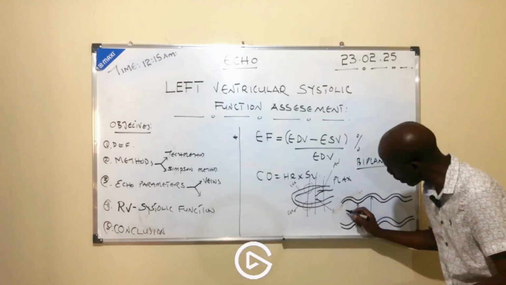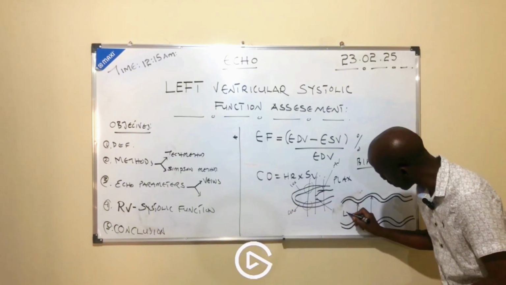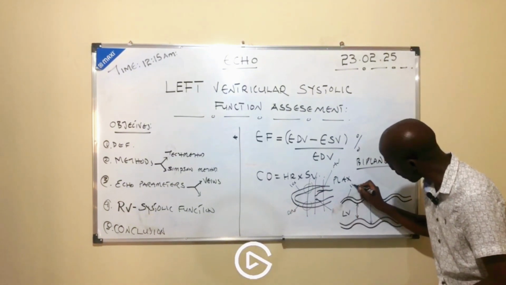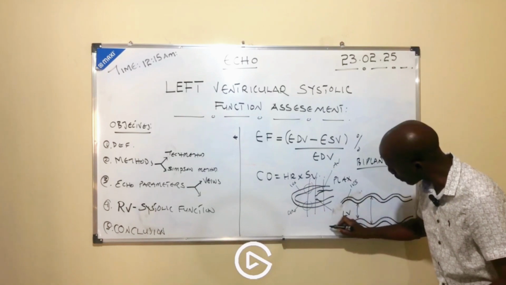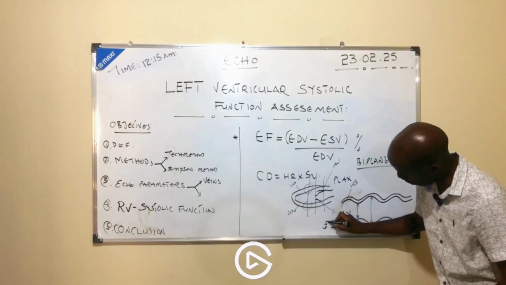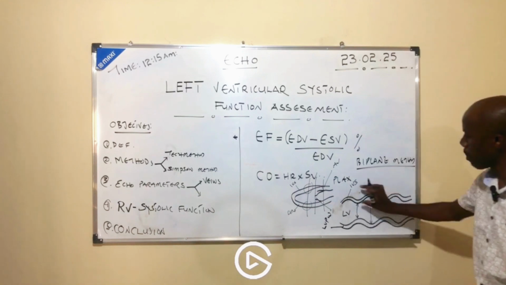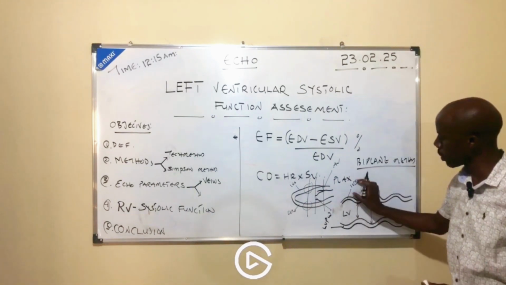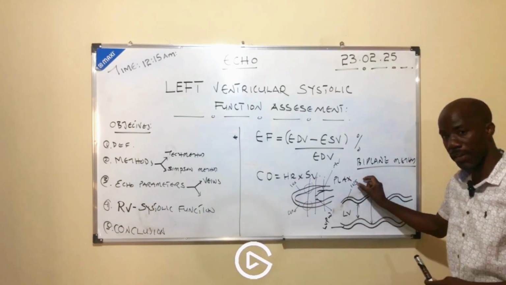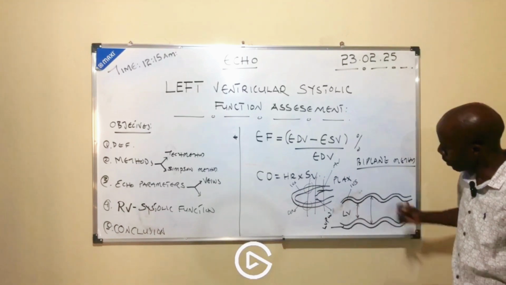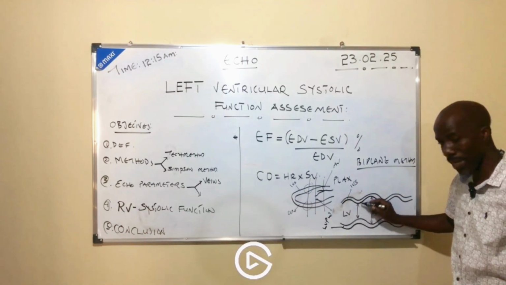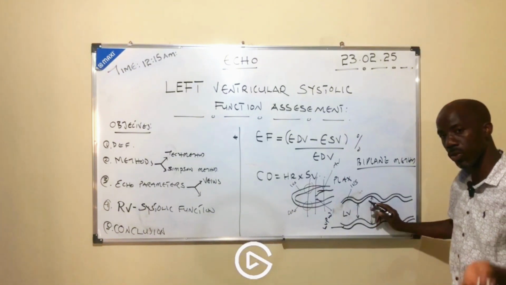This is your left ventricle chamber. This is your IVS, and this is your left ventricle posterior wall. More importantly, you need to know the normal thickness of the IVS. You also need to know the normal chamber internal diameter, both in systole and in diastole.